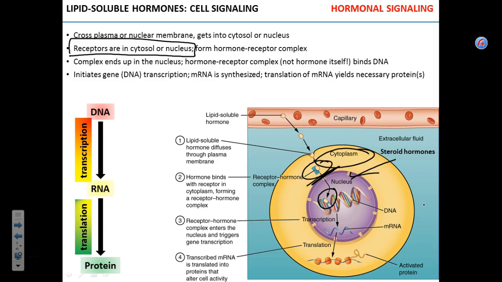So, the hormone-receptor complex binds to a specific part of the DNA and initiates the process of transcription, which is the synthesis of RNA that is complementary to a certain DNA fragment.